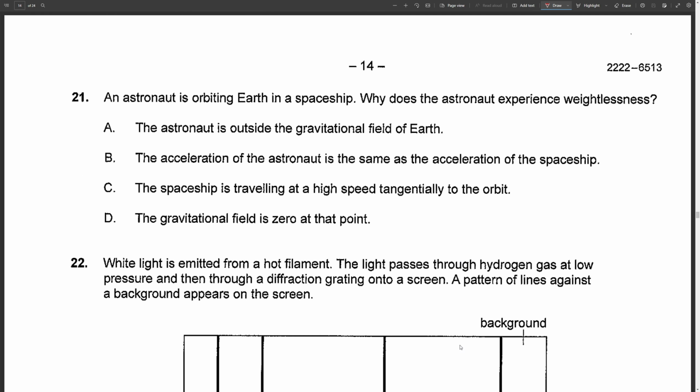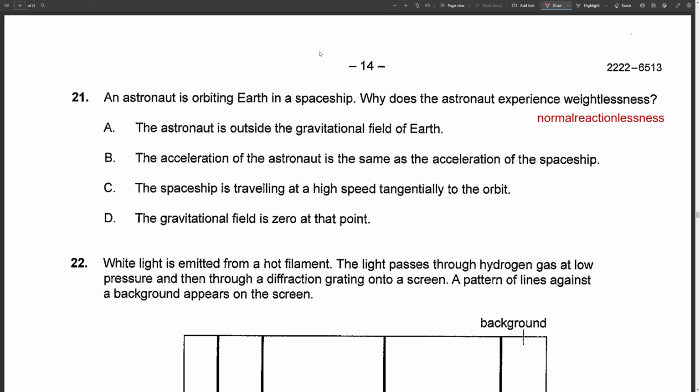Question 21, it's about weightlessness. And to be honest, weightlessness is a misleading term. I suggest you take it as normal reactionlessness. Because weight is always acting on a mass in a gravitational field. However, the normal reaction may not be present.